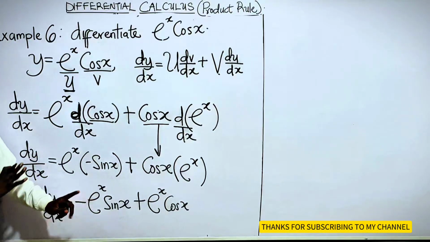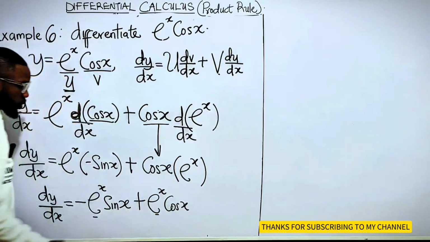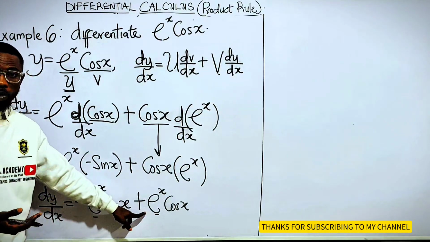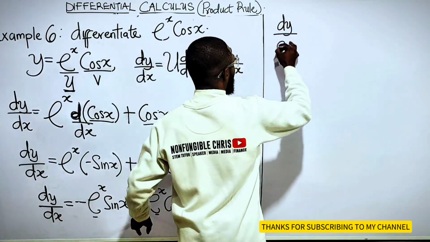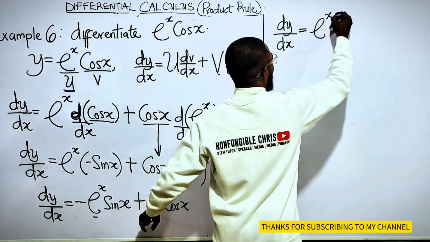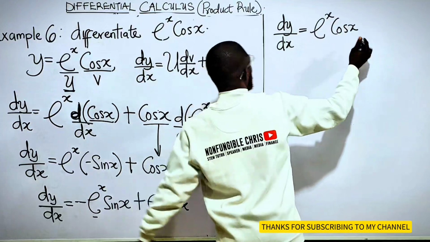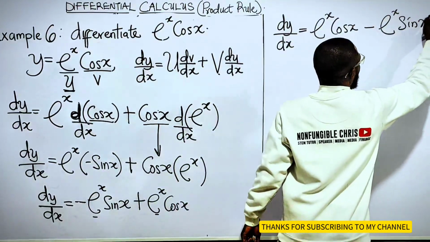You can leave this as your answer, but let's look at factorizing, looking at what is common between both. But before we even do that, there's a minus here, so we start with the one with plus, right? So dy over dx finally becomes e raised to the power x cos x, and then minus e raised to the power x sine x.